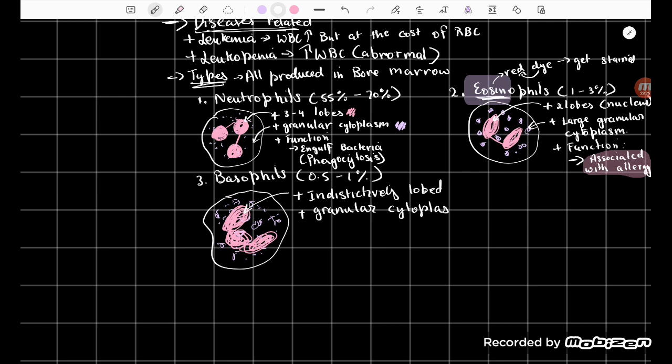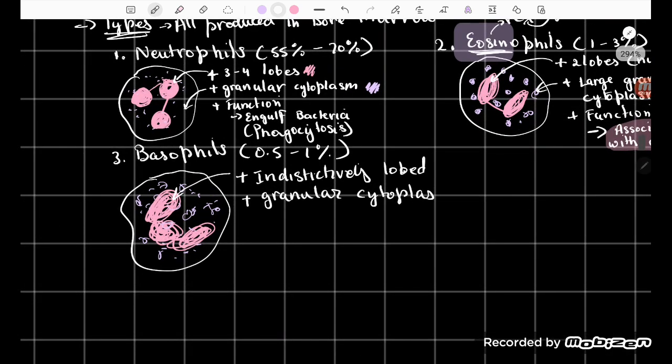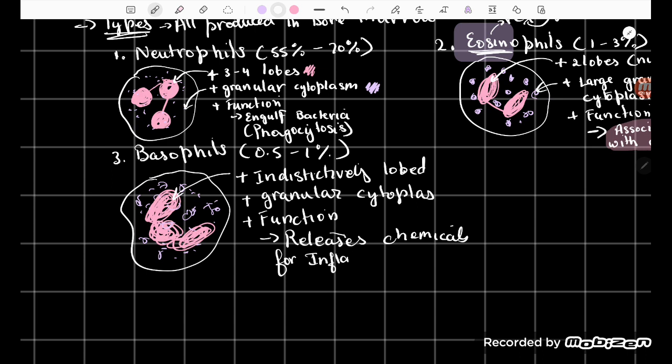I could have written that at the start, but fine. The function is that basophils release chemicals for inflammation, so anything related to inflammation is basophils.